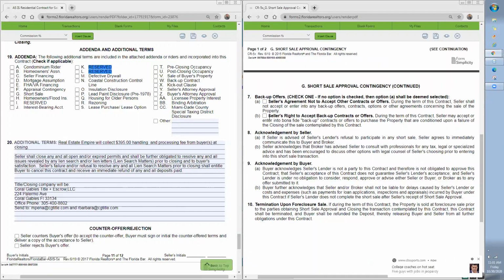The second page of it allows us to tell the seller, hey, you can accept backup offers or you cannot accept backup offers. I don't like to place the seller in a position where they're stuck. Not only that, if we tell them you cannot accept backup offers, you're kind of sticking your client against a wall as well, right?